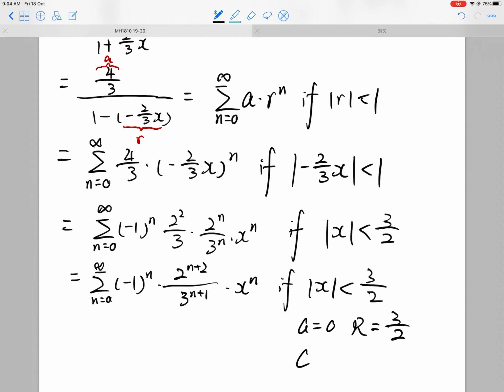The interval is from a minus r to a plus r. Why are these two brackets open? Because for a geometric series, it has to be strictly smaller than. So it is from negative 3 over 2 to positive 3 over 2.